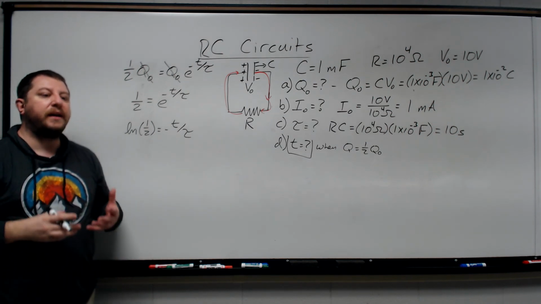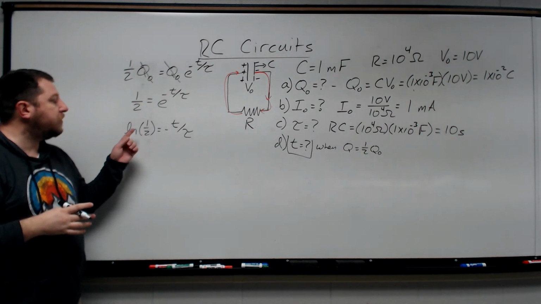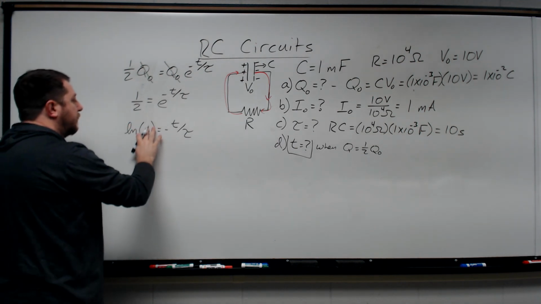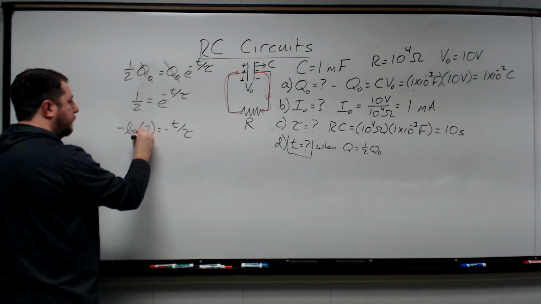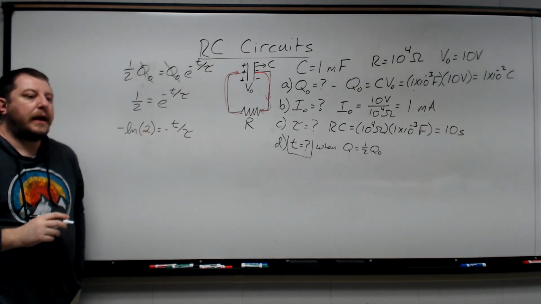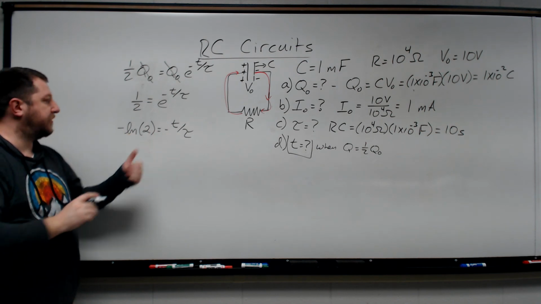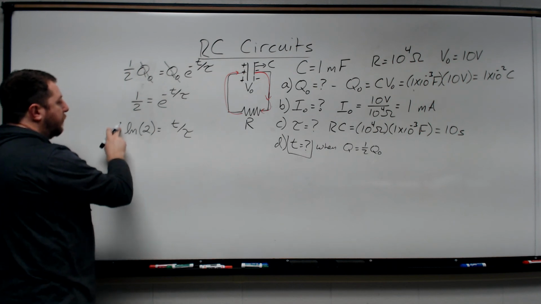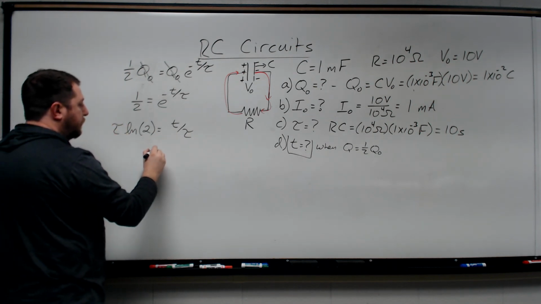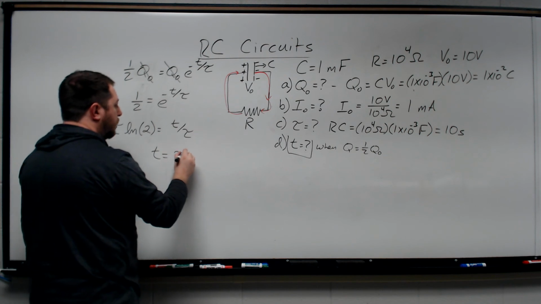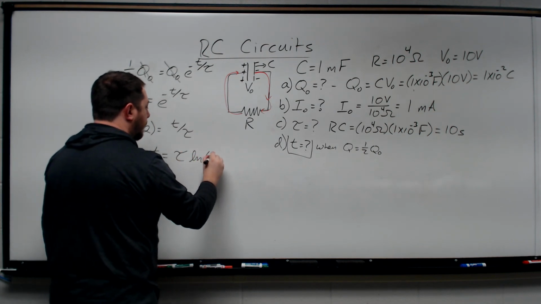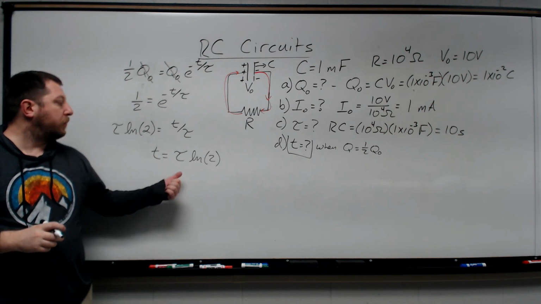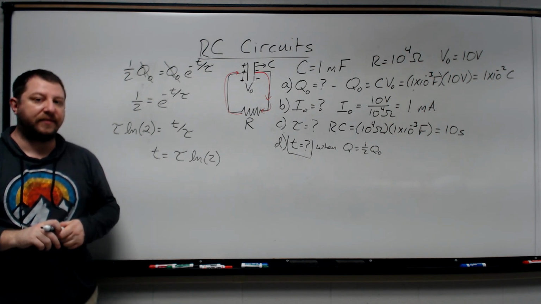And at this point, if you're very clever, what you can do is note that the logarithm of 1/2 is the same thing as negative of the log of 2. Okay? And that allows you to cancel out the negative signs. And once you do that, now it's just a matter of multiplying by tau. And so t is equal to the time constant multiplied by the natural log of 2. Okay? So this is what's often known as the half-life.